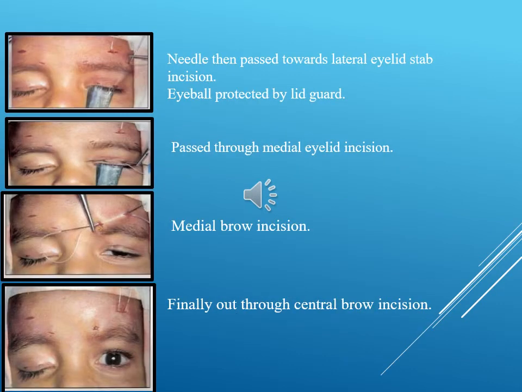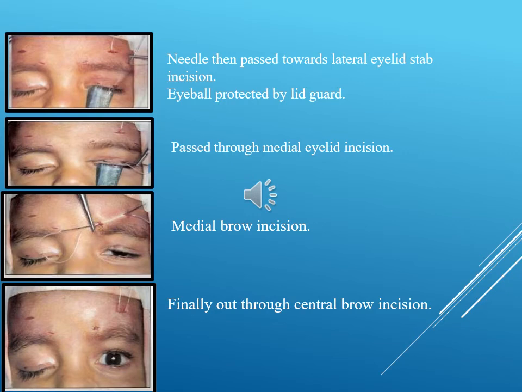Now, as we had discussed in the preceding slide and the previous step, the needle which was attached to the silicone rod was passed from the central brow incision to the lateral brow incision. So now in the next step, the needle is then passed from the lateral brow incision to the lateral eyelid incision.